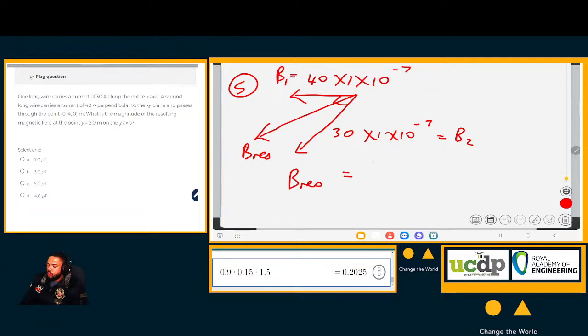If we had started with this, we could have used this formula, the square root of b1 squared plus b2 squared will be b res, and there we have b1 and b2.